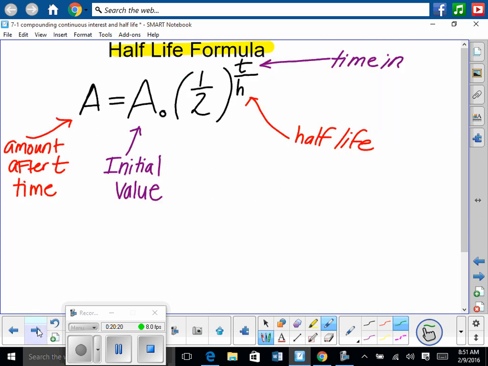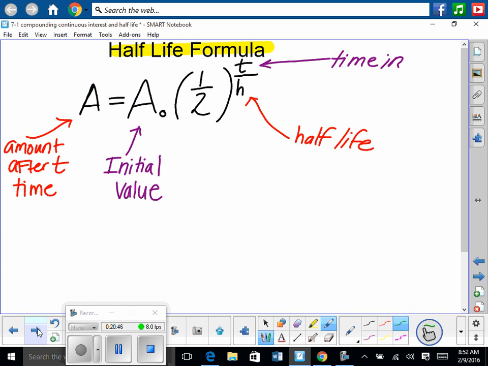Okay. Next thing. Here is the formula for half-life. You need this. A is equal to A naught times 1/2 raised to the t over h. Now this is just an exponential function, just another exponential equation. Once again, A is equal to A naught times 1/2 raised to the t over h.